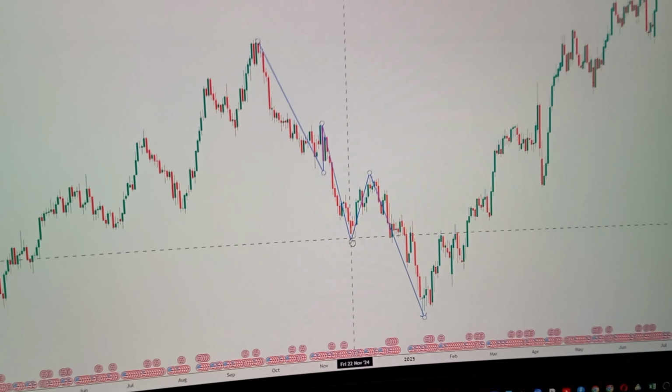So I've marked the low, the high, the higher low. From right here, it gives you this to this point. This is a higher high. You see that this new high right now is higher than the previous high.